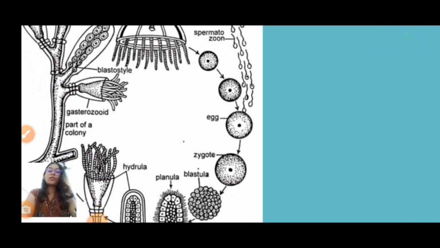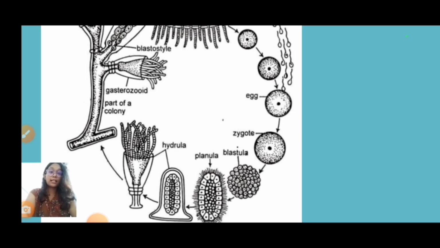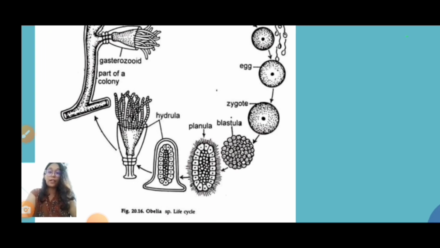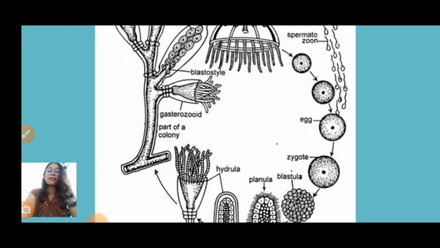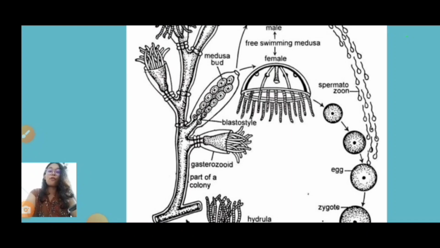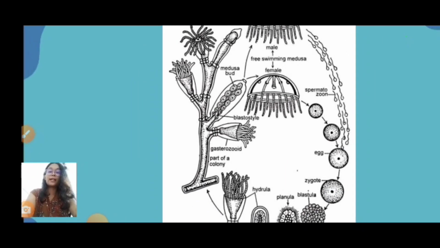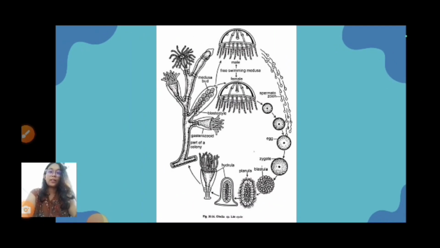Then fertilization will occur, and after fertilization it will give the zygote. Then this zygote will develop to form the blastula. Then the planula larva will form. Then the hydrula will form. Then again the cycle continues and it will again form a polyp body. This is the life cycle of Obelia. Is it clear?